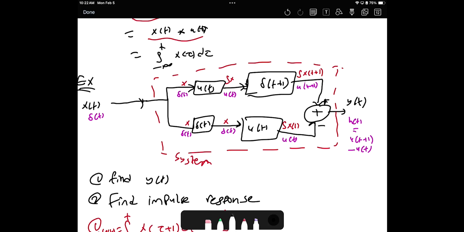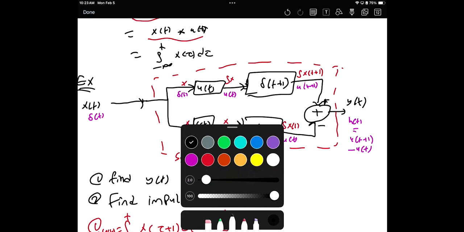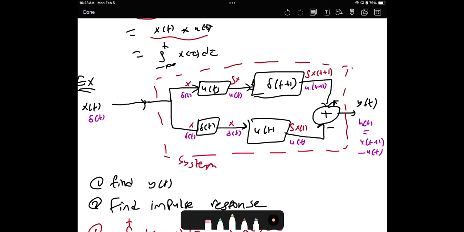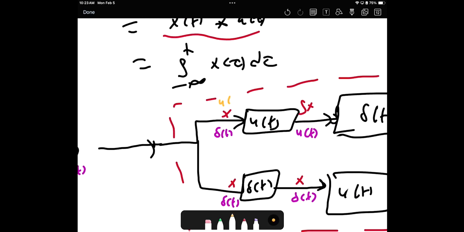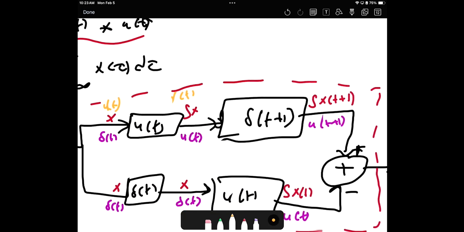What do you think the answer will be? The top: this is u of t, and with integration it will be r of t, with the phase shift, r of t plus 1.